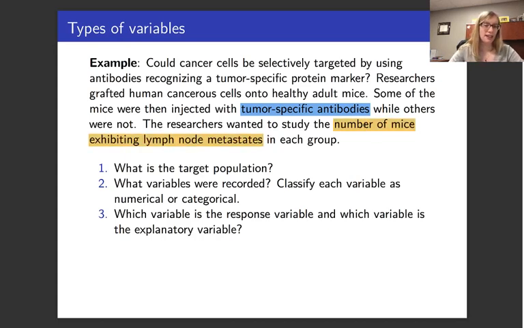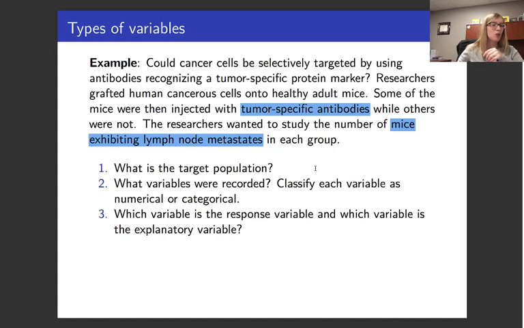Number of mice in each group would be a numerical value. However, our variable is actually whether or not the mice are exhibiting lymph node metastases. The number is just our summary. So both of our variables in this study are actually categorical.